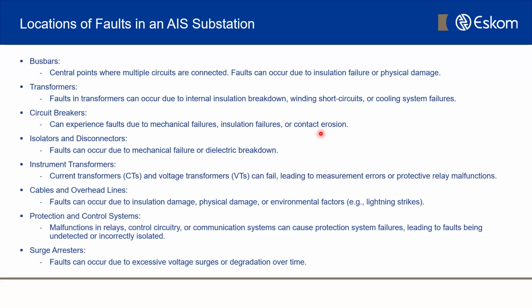One of our main causes for those electromagnetic fields increasing is the circuit breakers, and that's why it's one of the main issues that concern us, where a circuit breaker can experience a fault due to mechanical failures, again, insulation failures or contact erosion, but it has a fourth type of fault.